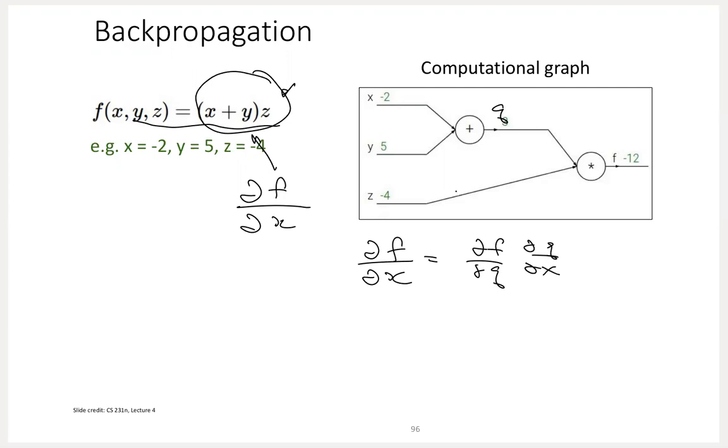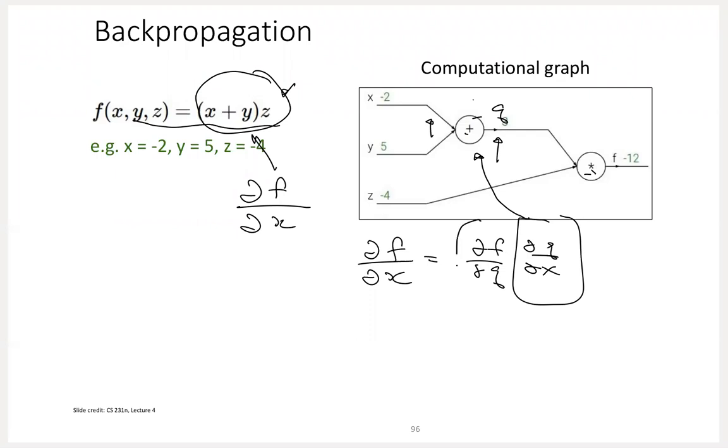Partial q partial x is the local gradient of some computational node, the local gradient of the output given some input here, right?